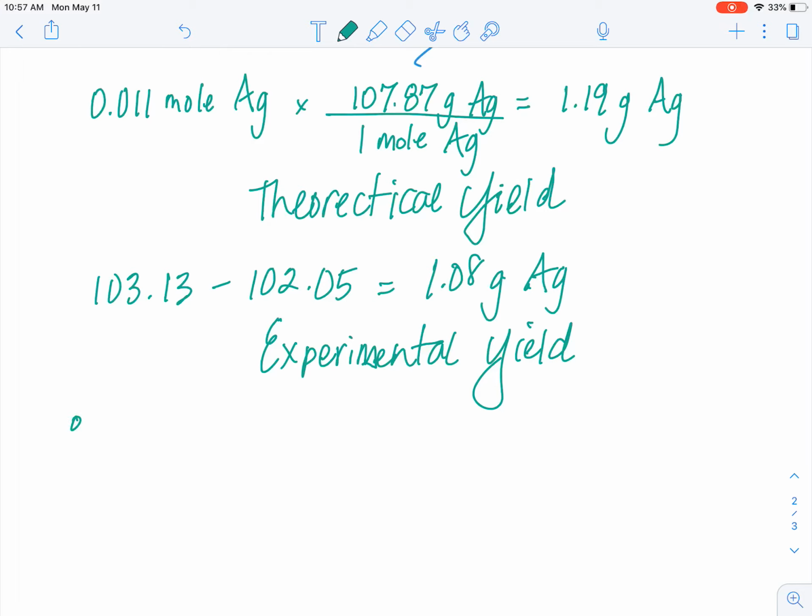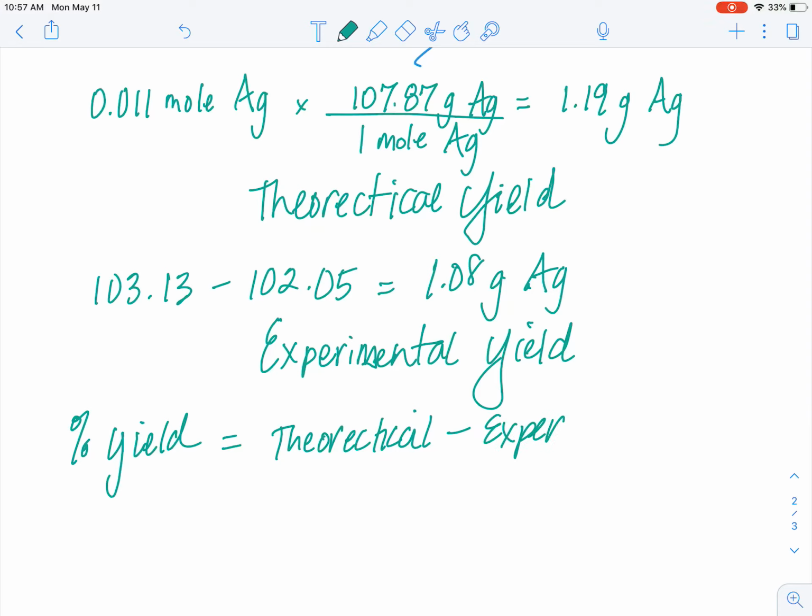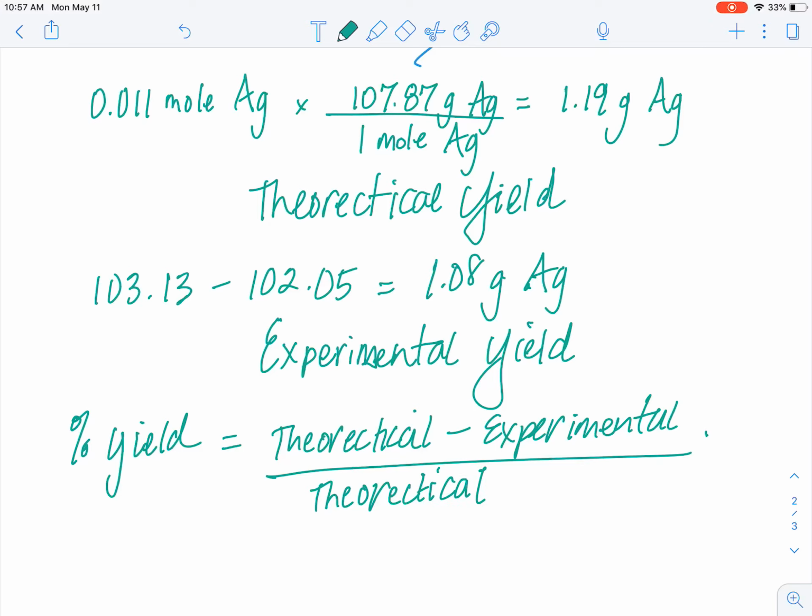To calculate percent yield, and then basically percent error, we take our theoretical and subtract from that our experimental from our data above, divided by theoretical, times 100.